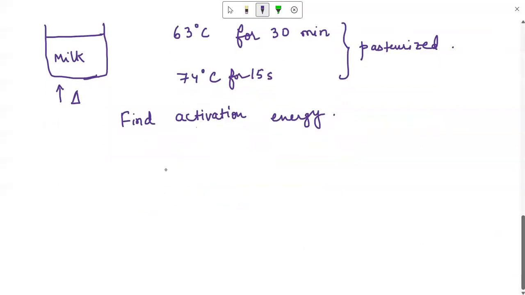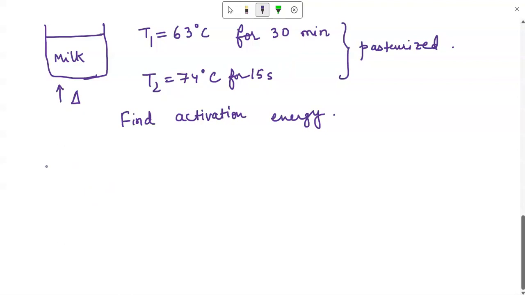So one thing is for sure, that we have the same quantity of milk for either of these conditions. We have T1 and T2. So this is, let's say, T1 condition and this is T2 condition. Now we have to use this Arrhenius temperature dependency over here to find the activation energy.